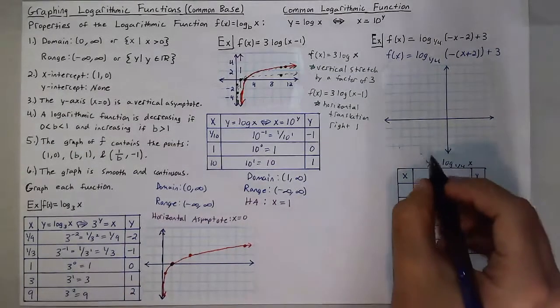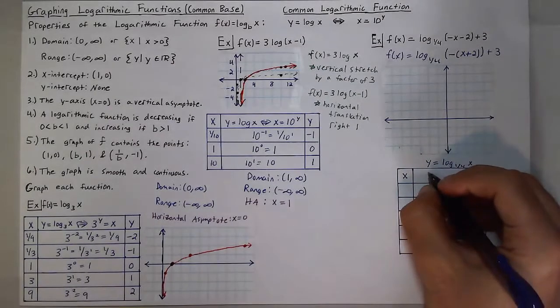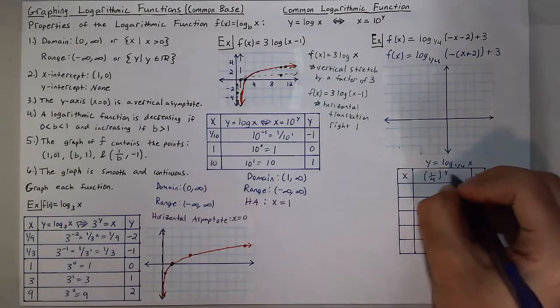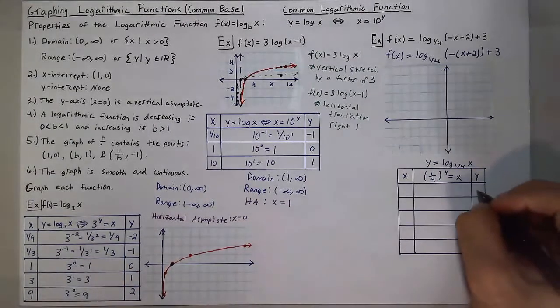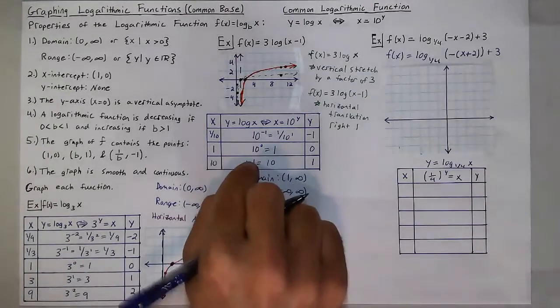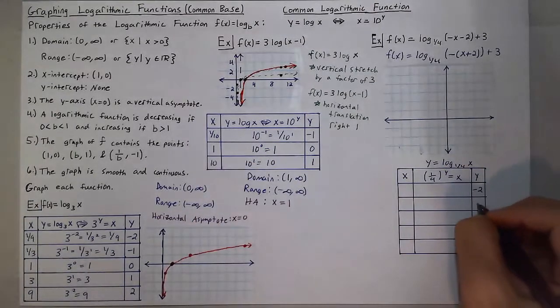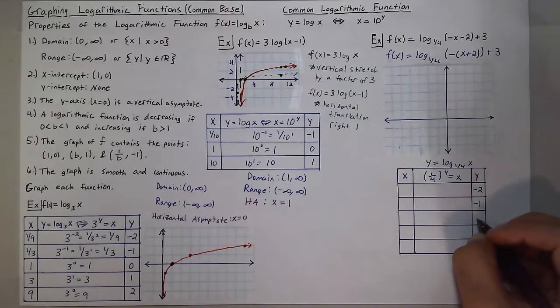Now when you have log base 1/4 of x, that can also be read as 1/4 to the y power is equal to x. So since this base is not a whole number like I've seen before, I'm going to use a few more y values to make sure I don't miss anything.